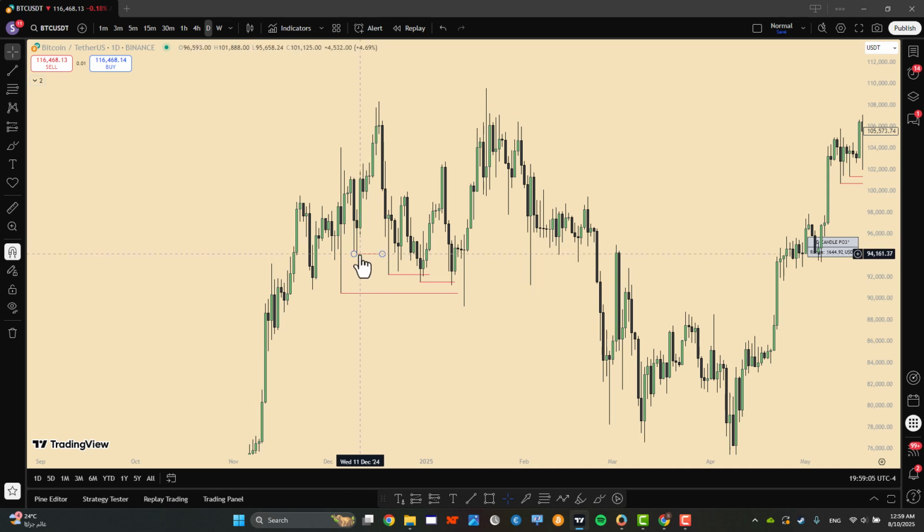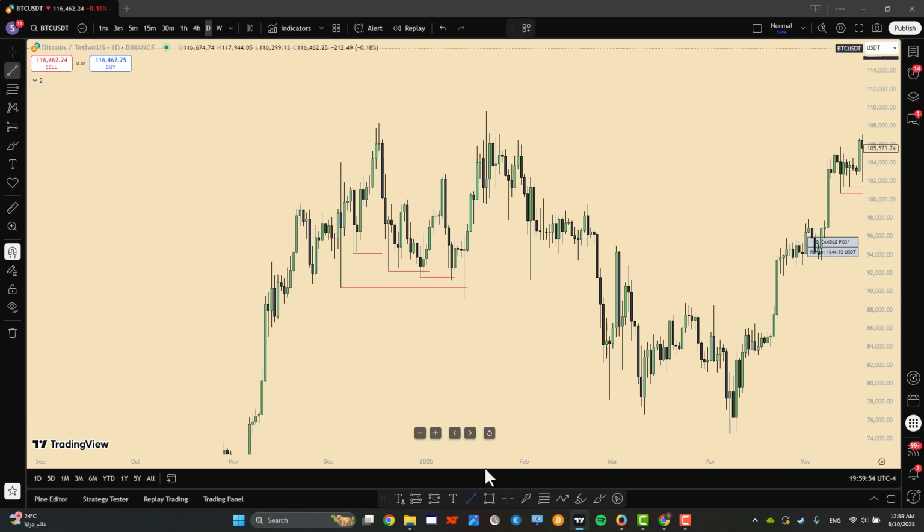I want you to notice the reactions from these internal lows, multiple reactions. But notice what happened when we took that obvious, emphasis on obvious, external low: a big push to the upside. So there was a lot of participation from different traders.